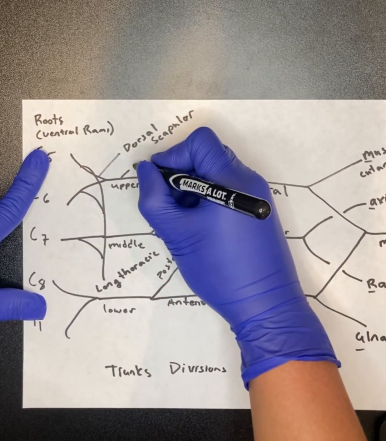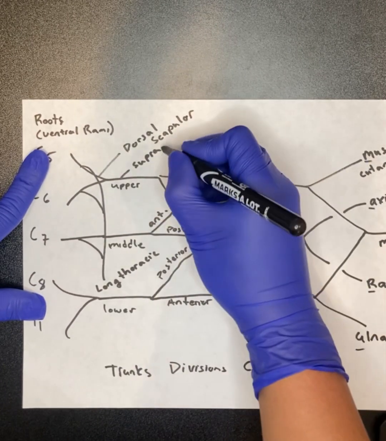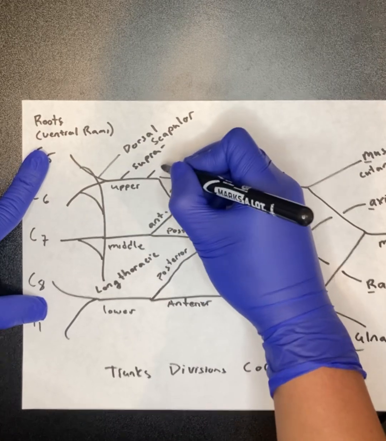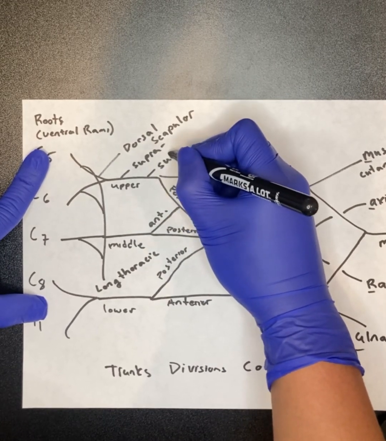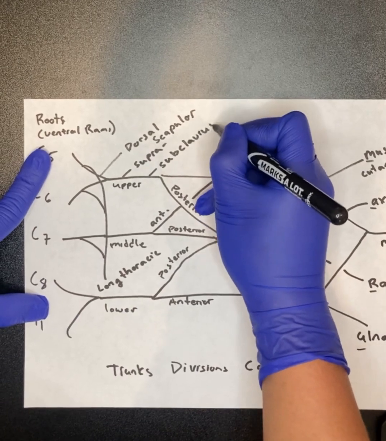Upper trunk, you'll get another nerve, the suprascapular nerve. Let's put a dash right there to indicate suprascapular. Then we'll get the nerve to subclavius, or subclavius I'll just put here.